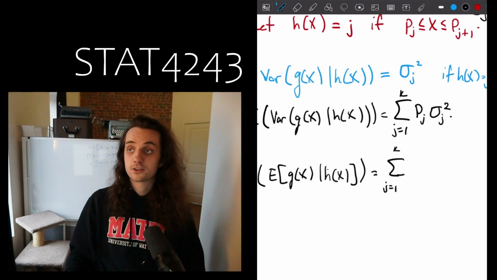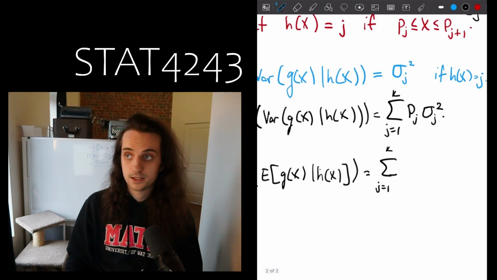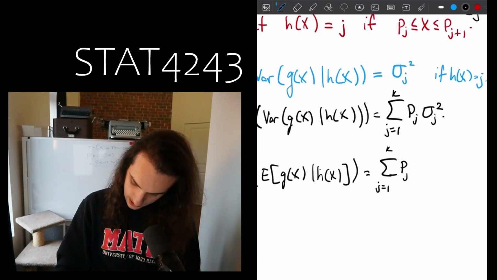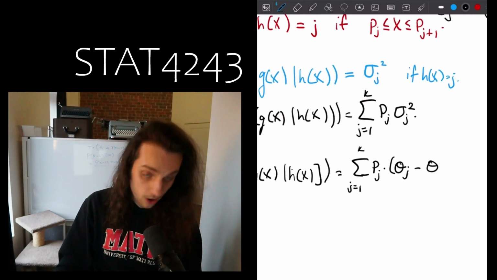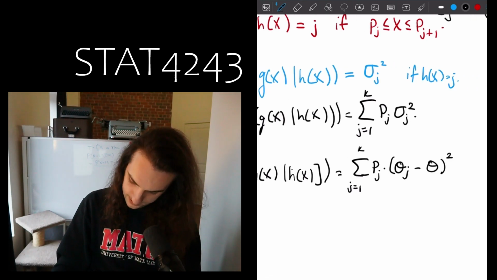For each of these, it's going to be p j times theta j minus theta, which is the overall expectation, all of this squared.